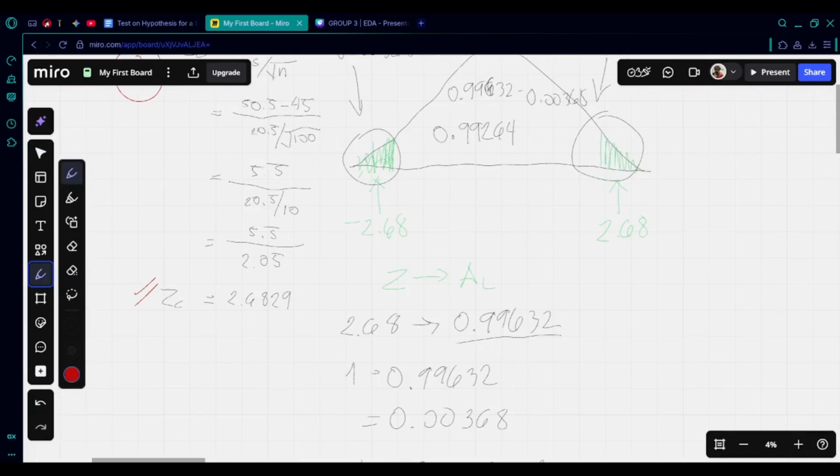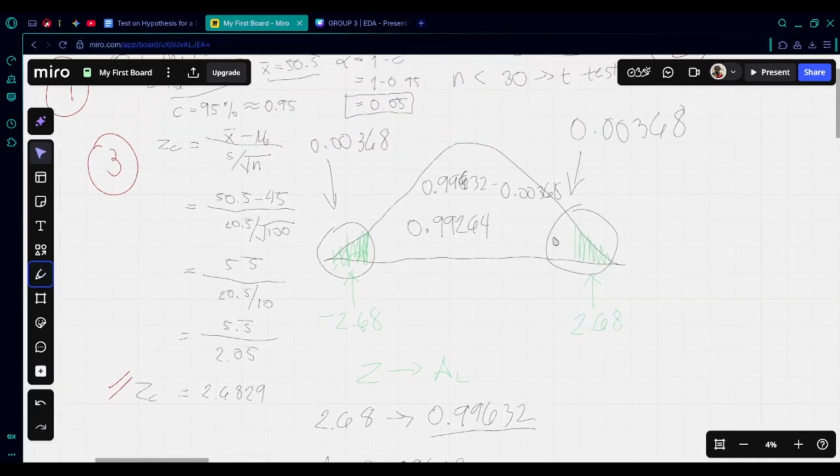So we drew here our shaded region, which is a two-tailed test. We have here our 2.68, and we located the cumulative area to the left, which is this one. This is still part of the test statistic, so this is the left part.